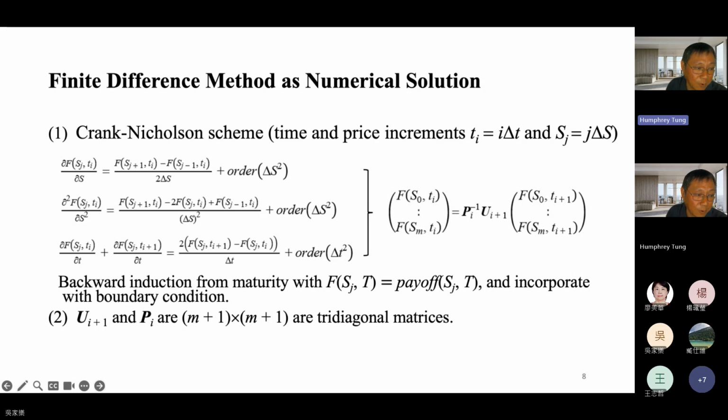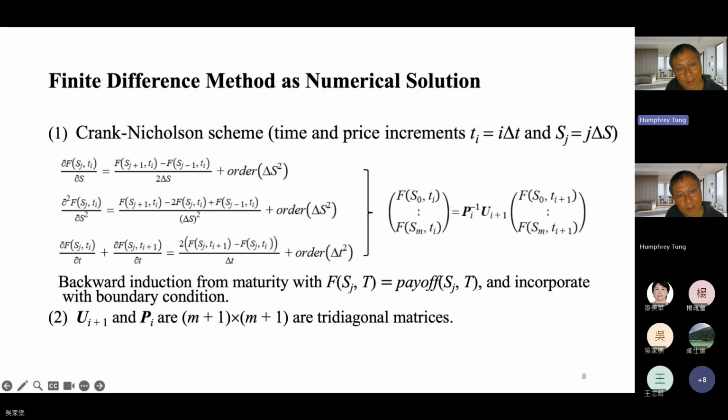The difficulty will be the dimension of the two matrices. These two matrices, matrix U and matrix P, are square matrices, but the size can be tremendous, depending on how many discrete prices you want. So it might not be that efficient.